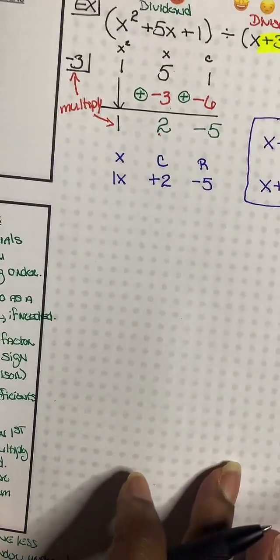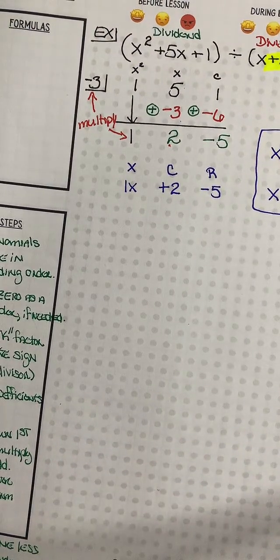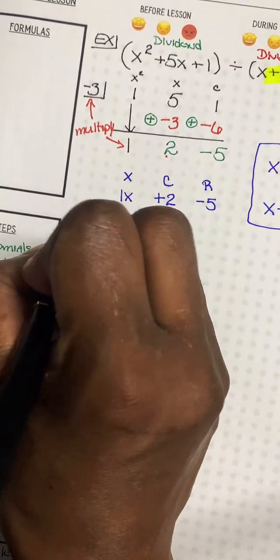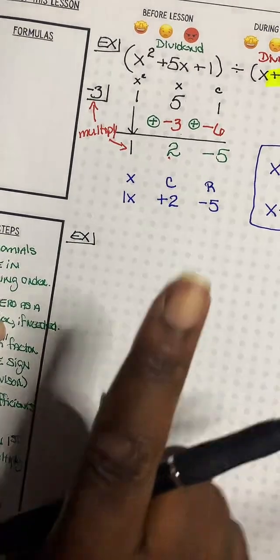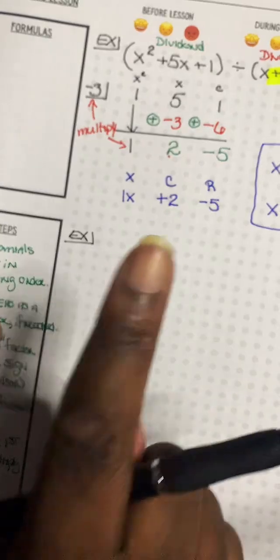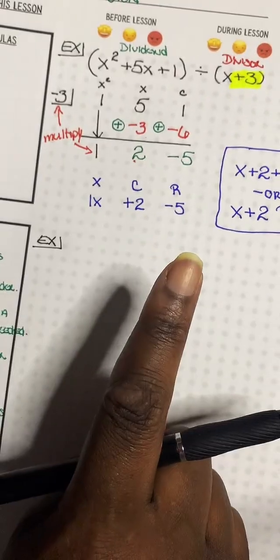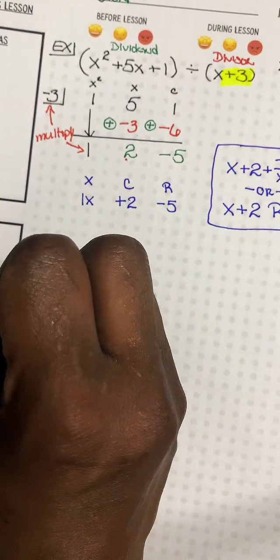Here we go with the next example. Grab my black pen. All right, next example, I'm going to make it a little bit longer, but we're doing the same steps. All right, breathe, retain decorum.